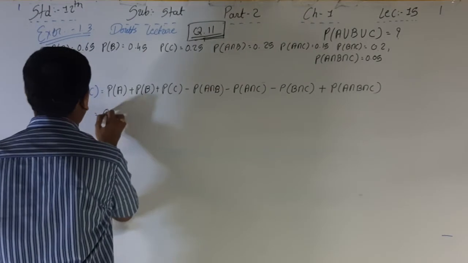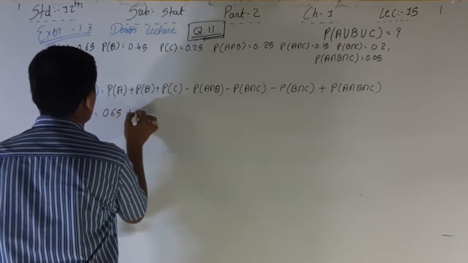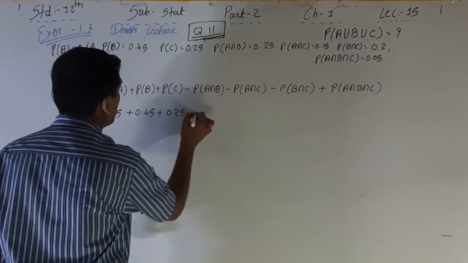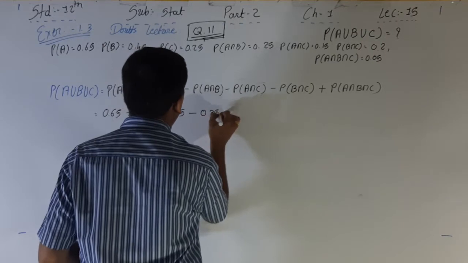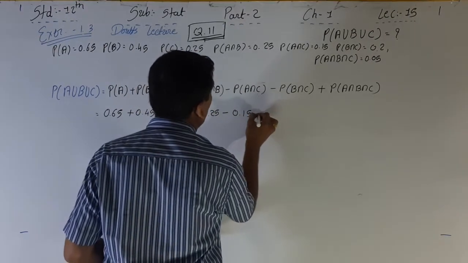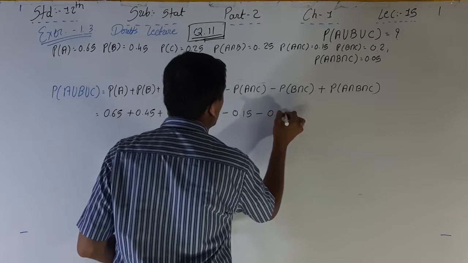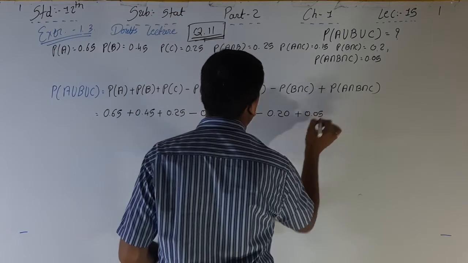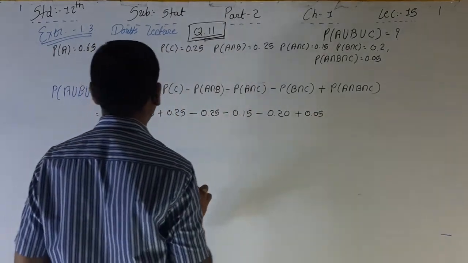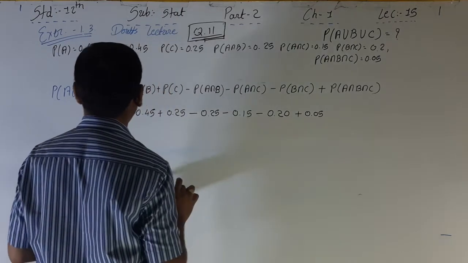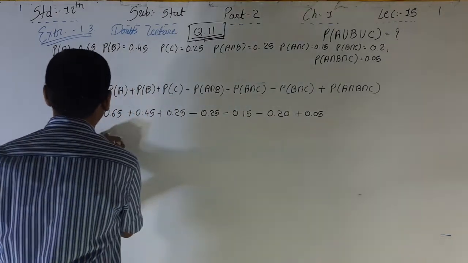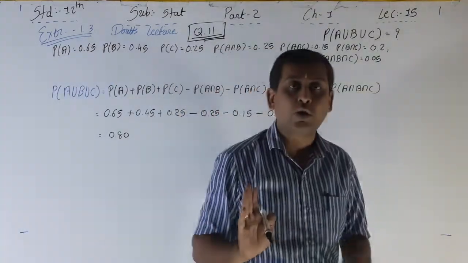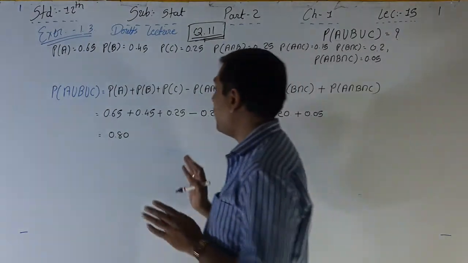P of A is 0.65 plus 0.45 plus 0.25 minus 0.25 minus 0.15 minus 0.2, plus 0.05. So 0.80 is your final answer.